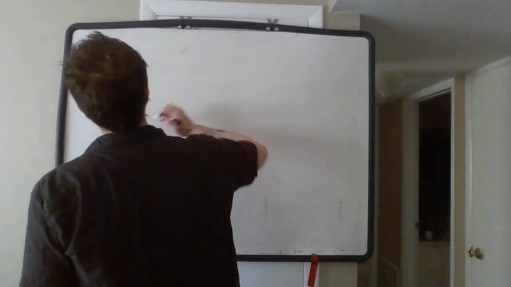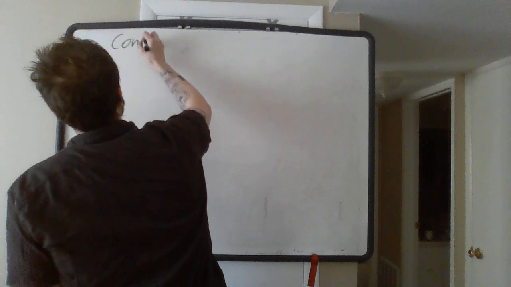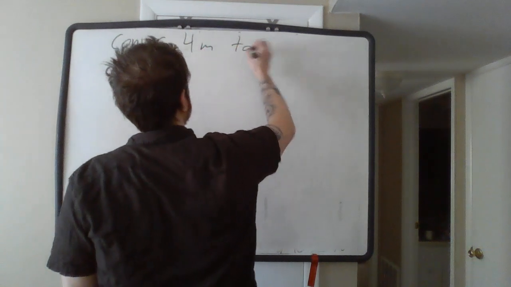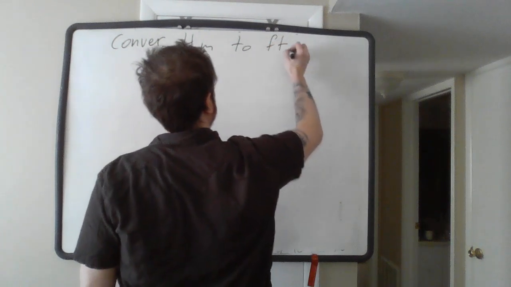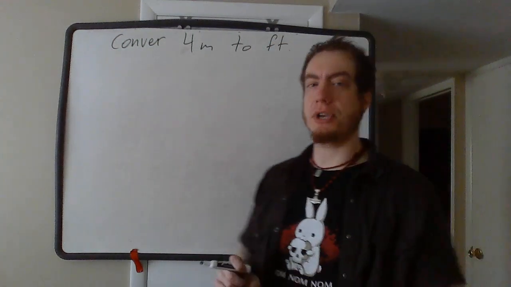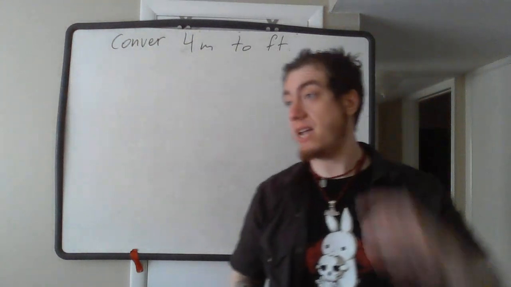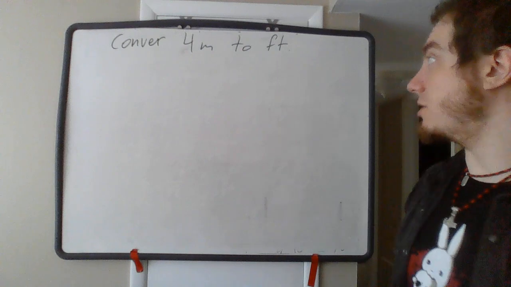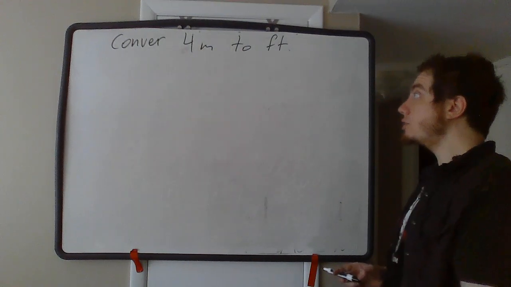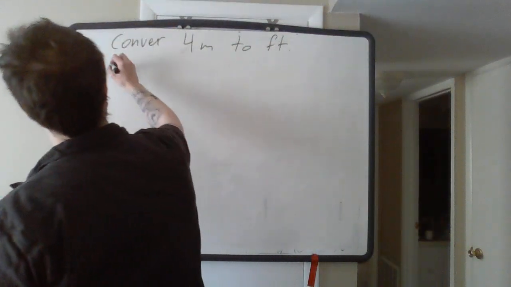So let's suppose that we want to convert 4 meters to feet. Well, I haven't really told you all the conversion ratios that we need for this sort of thing, but if you look in your textbook, you will find conversion ratios that we could use.